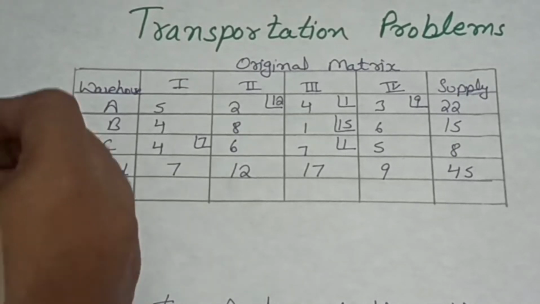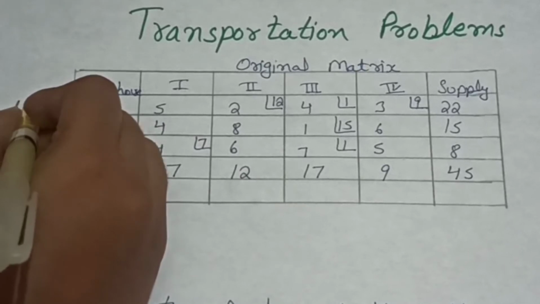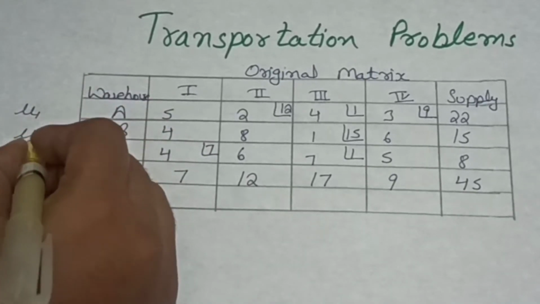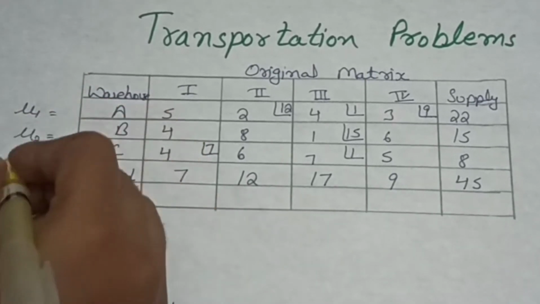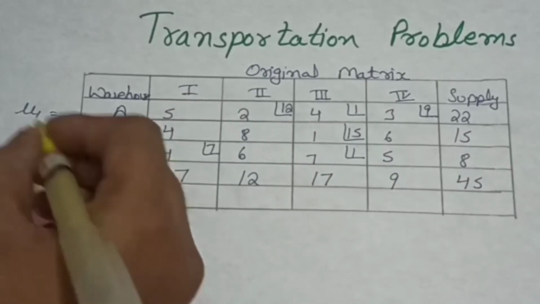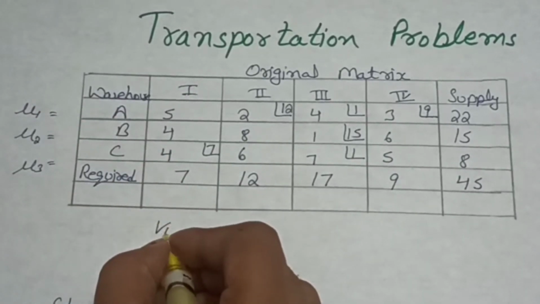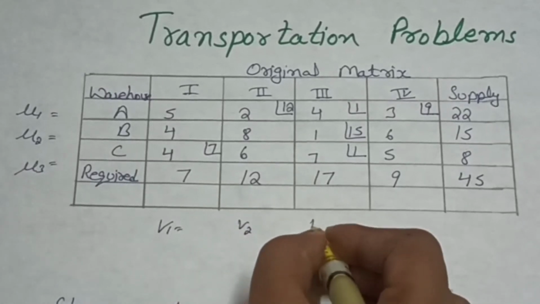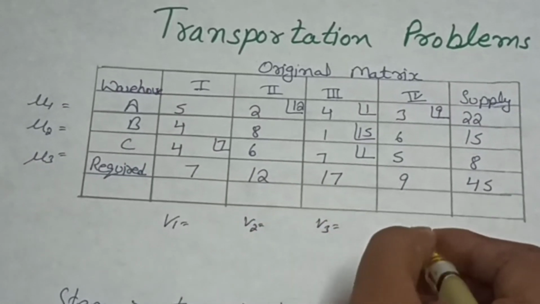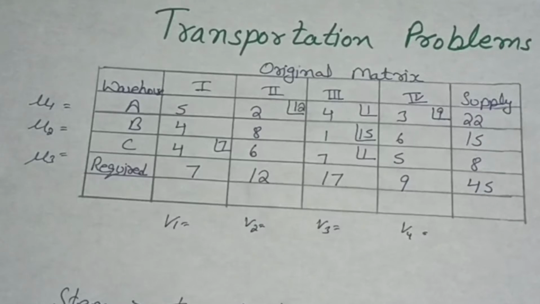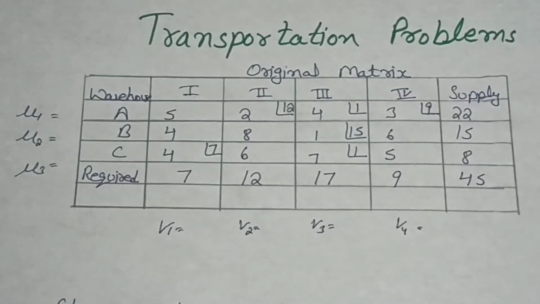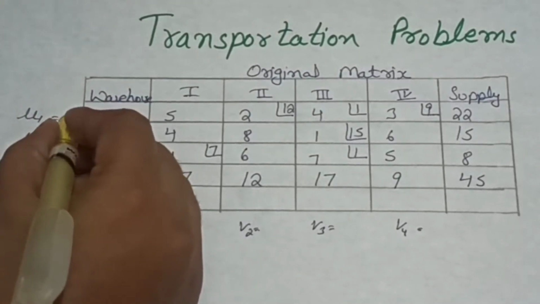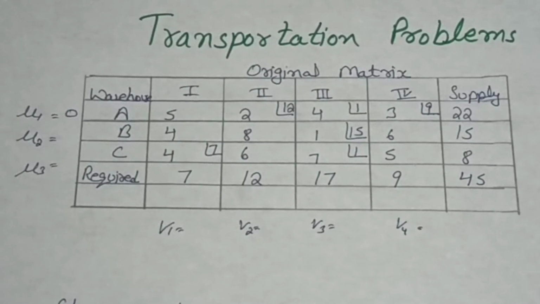So students, we will calculate ui values and vj values. Here we will write u1, u2, u3, v1, v2, v3 and v4. We will write the value of u1 as 0, because we always start with u1. So u1 is equal to 0.